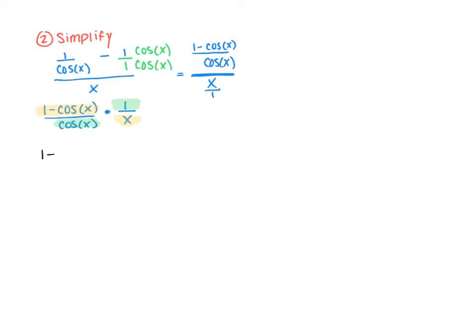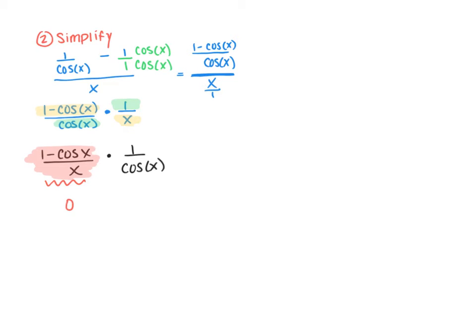So we can do 1 minus cos x over x times 1 over cos x. And this you should recognize as a limit. We can take this limit as x approaches 0, and we know by definition that this limit here is 0.